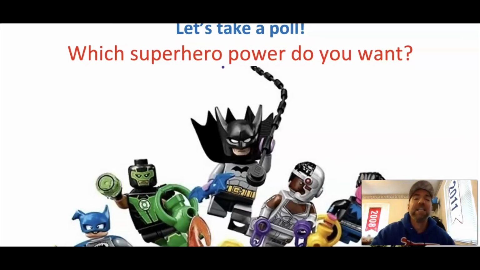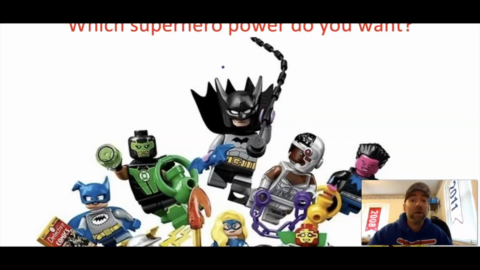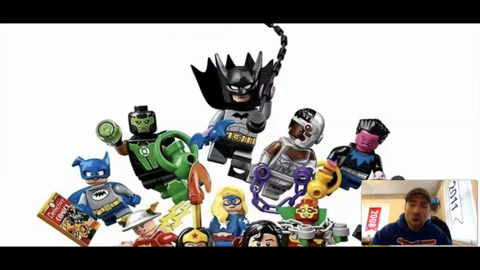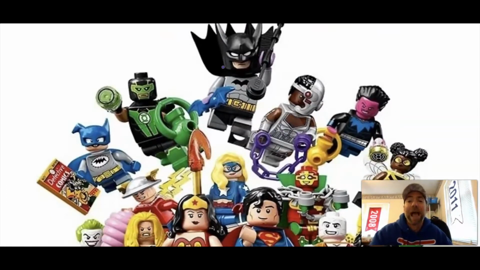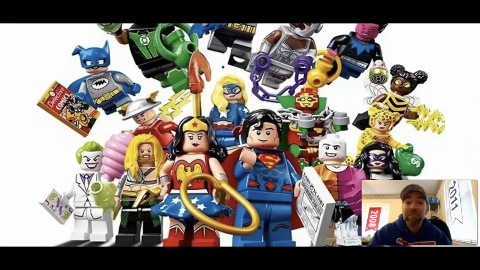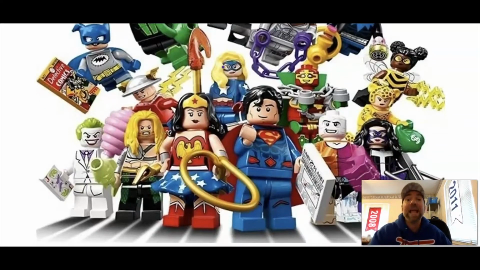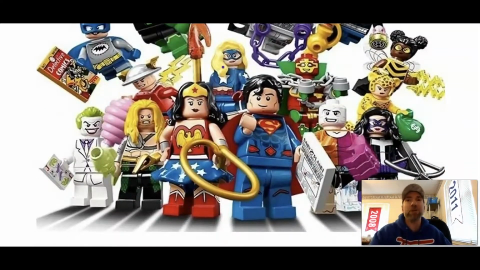Now you're going to see some of my Lego superheroes appearing on the screen. And they all have a different power. Some can fly, some can become invisible, and others have really, really super strength.